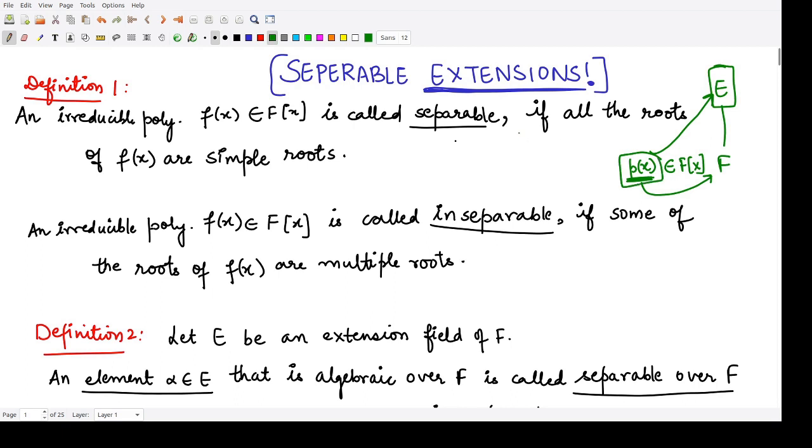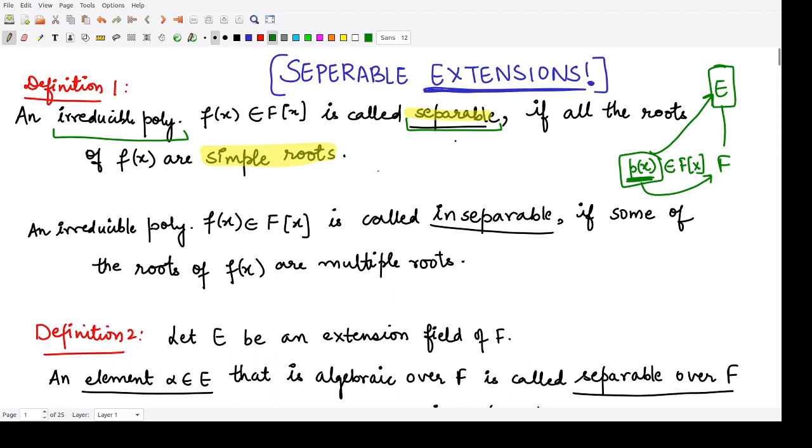For that, we first define when you can call an irreducible polynomial a separable polynomial. Suppose you have some polynomial f of x belonging to F of x. You call that separable if all the roots of this polynomial are simple roots. What do you mean by simple roots?